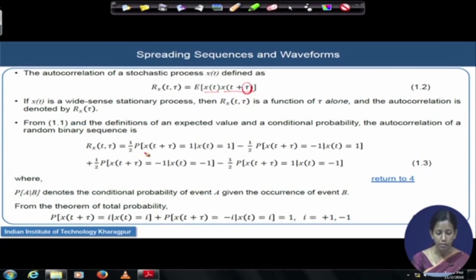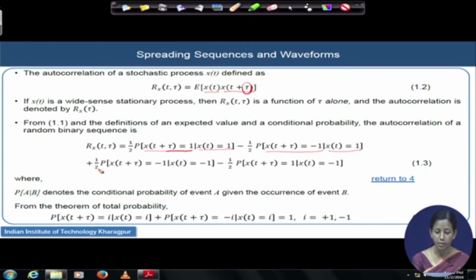It will be the combination of half of the probability that x(t) transmitted was 1 and we receive the delayed version equal to 1. From there we have to subtract half of the probability that I transmitted x(t) equal to 1, but I received the delayed replica to be -1.